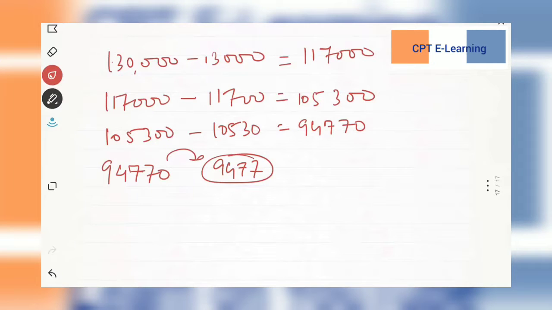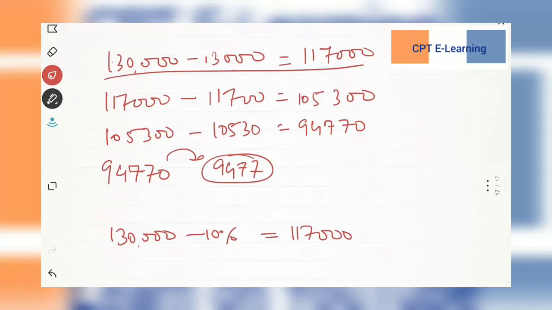One more short cheat as a CA I want to give you is that 1,30,000 minus 10% is equal to 1,17,000, right? This line. Also I can tell you how to get this 1,17,000 is 1,30,000 into 90%.